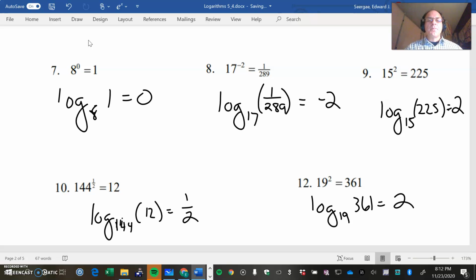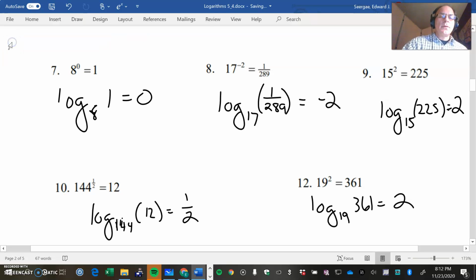There we go. So that's rewriting all those exponentials as logs.